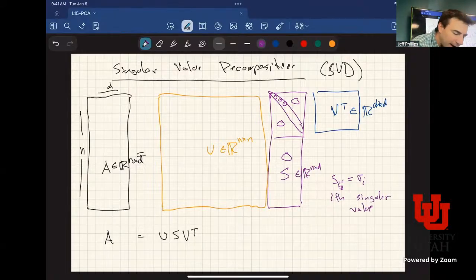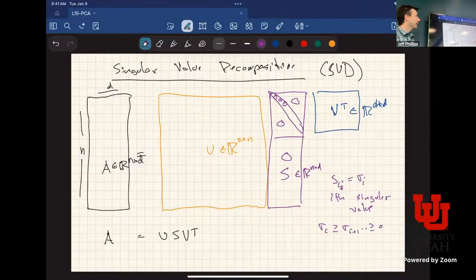We're going to have the property that sigma_i is greater or equal to sigma_(i+1), and these are all greater or equal to 0. So it's got a nice property where these are decreasing in order along the diagonal, everything else is 0, and they kind of tell us how much information is captured in some way.